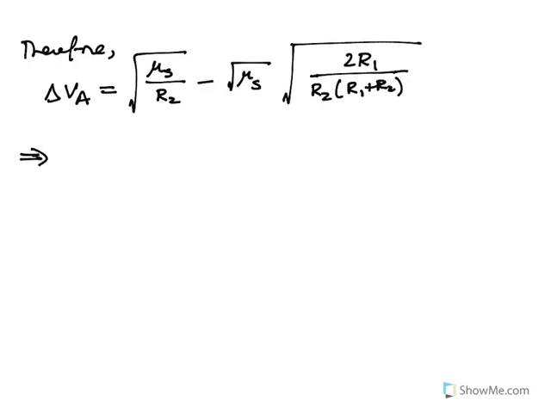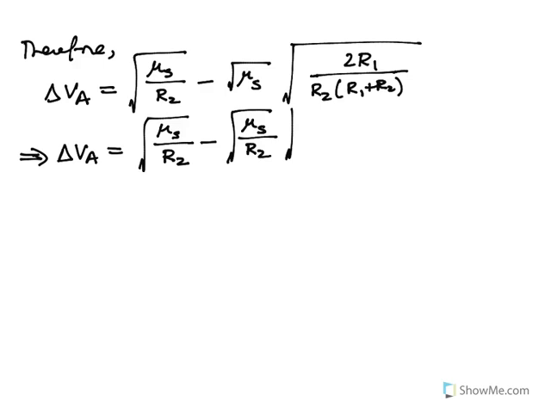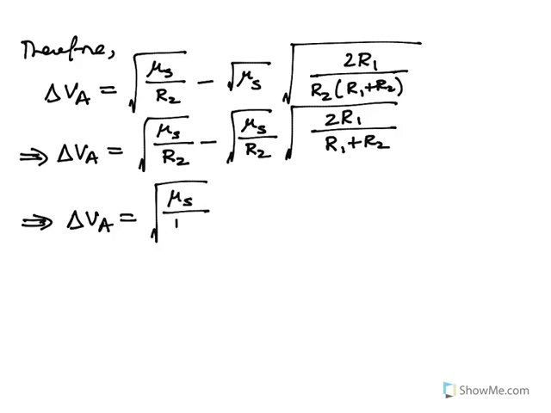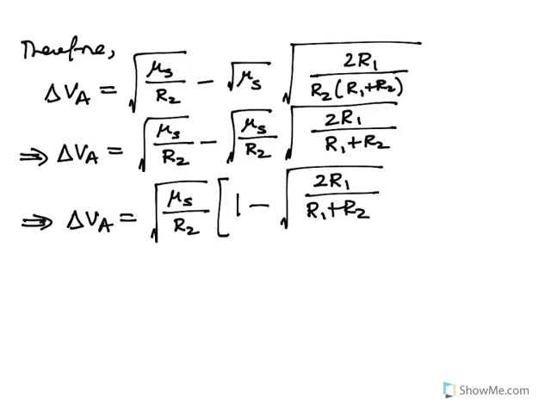So then that means that delta Va is equal to the square root of mu s over r2 minus the square root of mu s over r2 times the square root of 2r1 all divided by r1 plus r2, which implies that delta Va is equal to the square root of mu s over r2 times 1 minus the square root of 2r1 all divided by r1 plus r2.